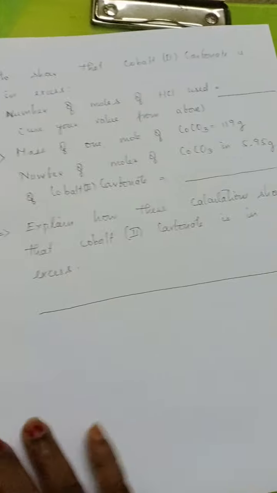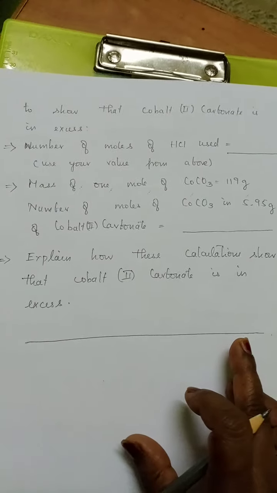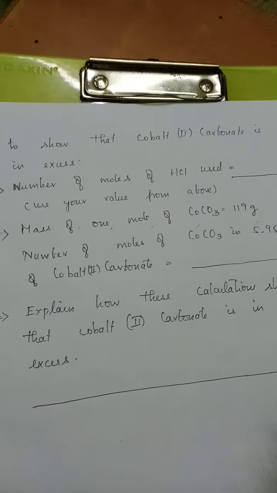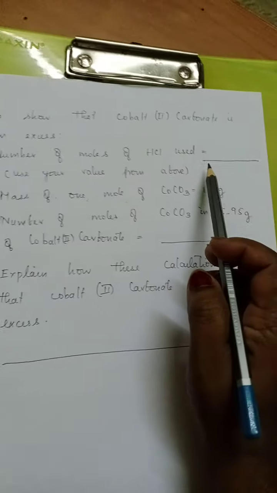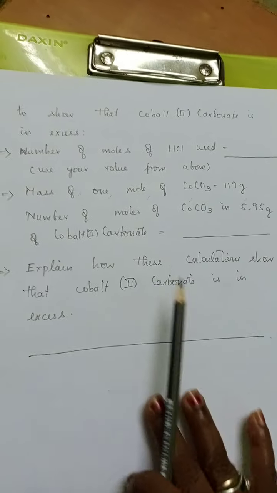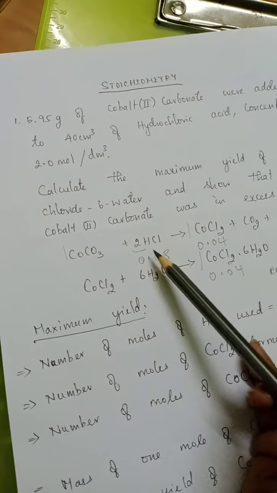Now, next one. To show that cobalt 2 carbonate is in excess, what we need to do is find the number of moles of HCl used here. How much HCl used? You can use your value from the above. 0.08 moles of HCl.